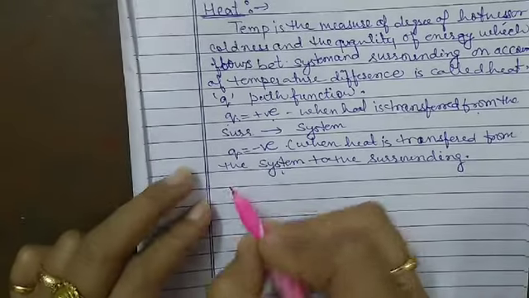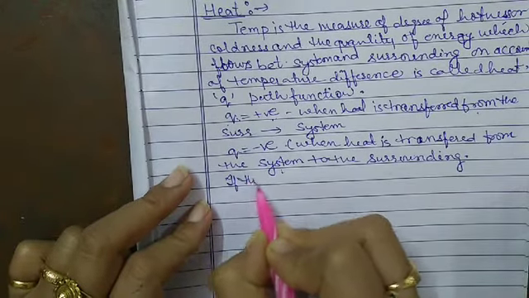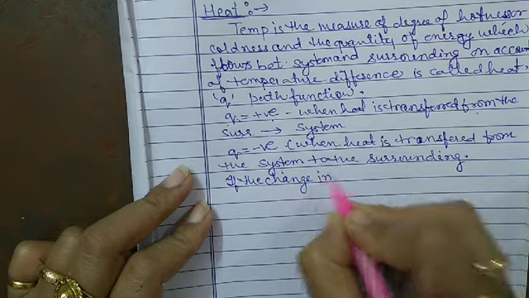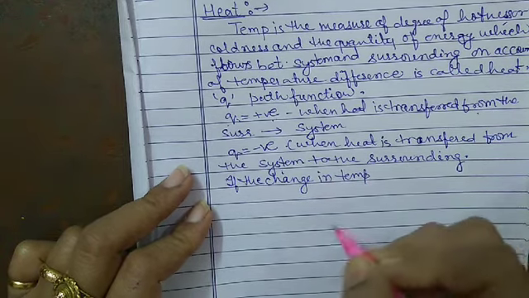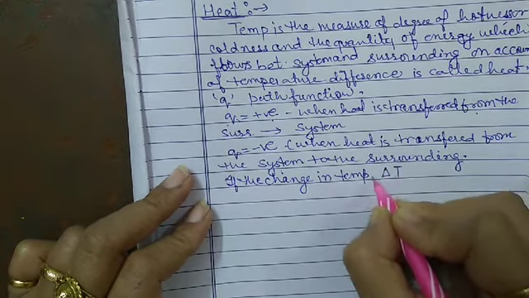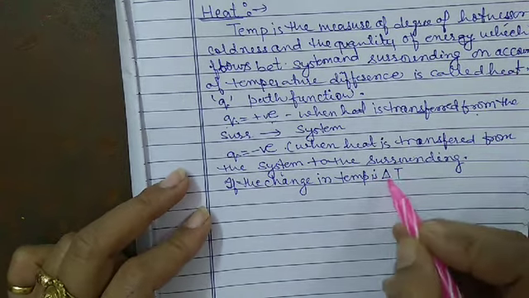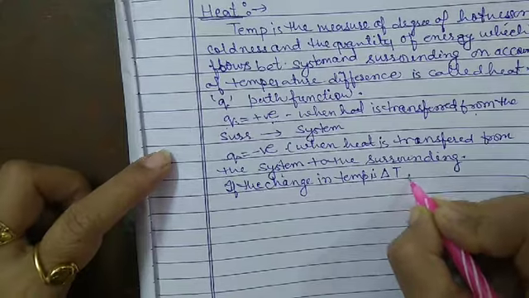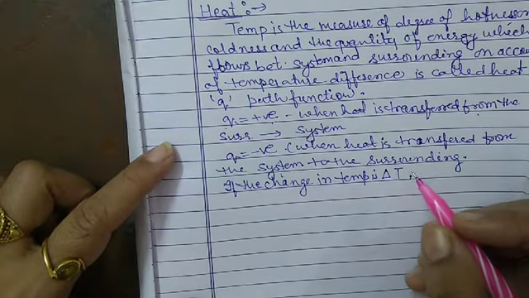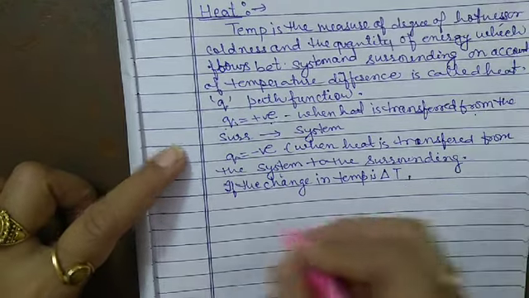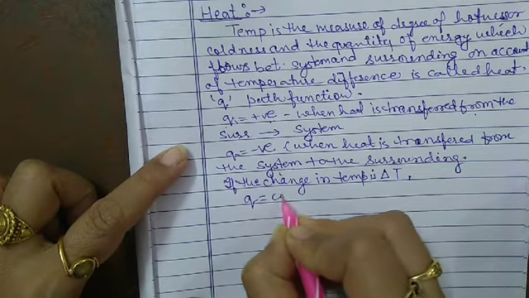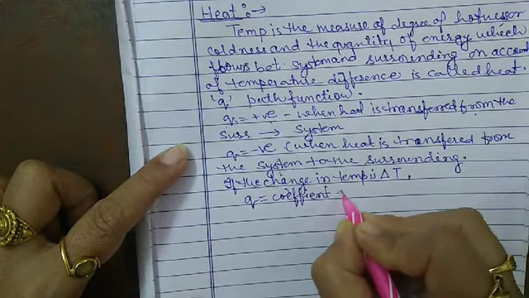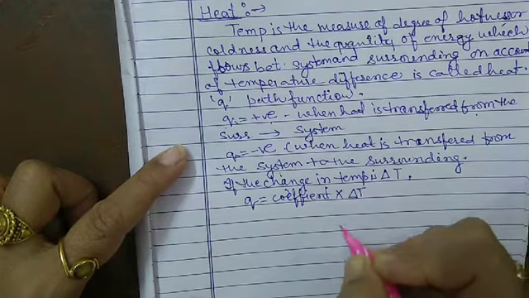So if the change in temperature is delta T, where delta means change, then the heat transferred, Q, is equal to coefficient multiplied by delta T. This is the formula.